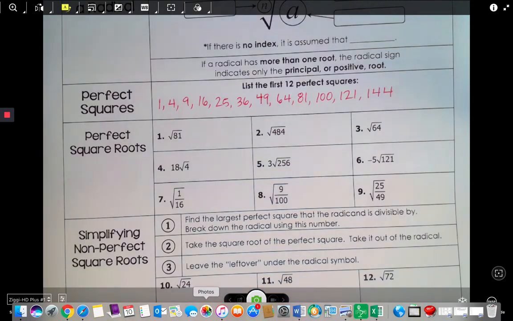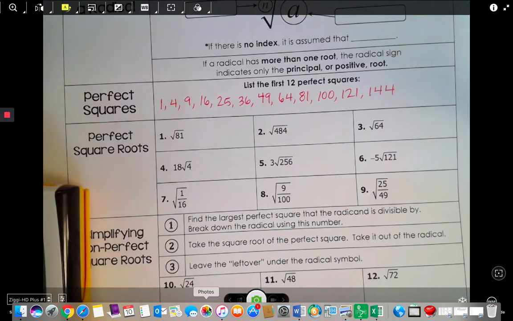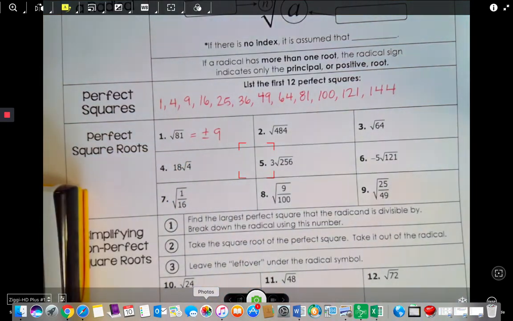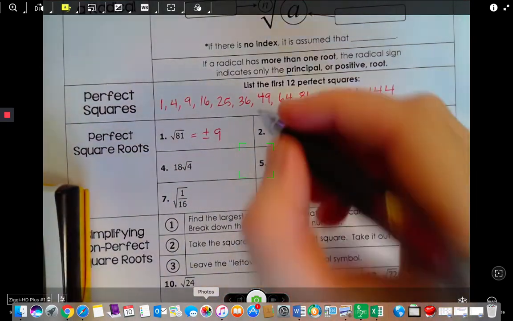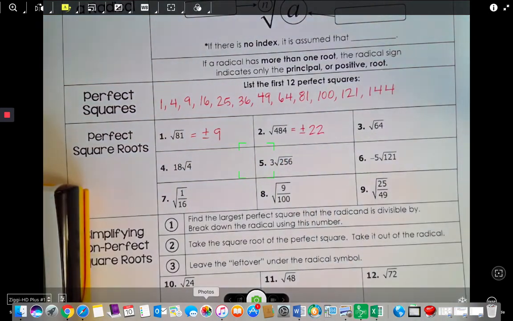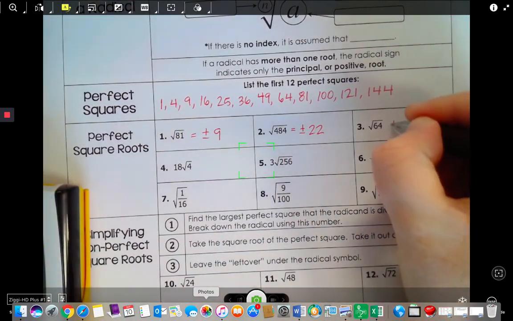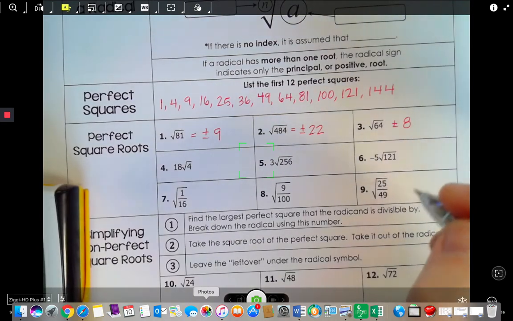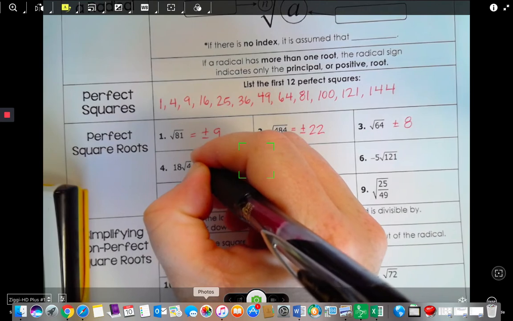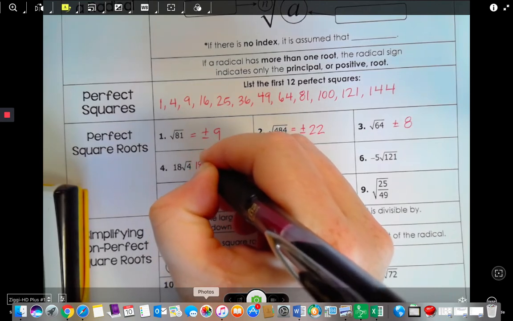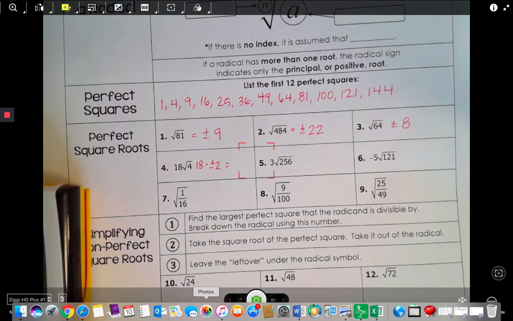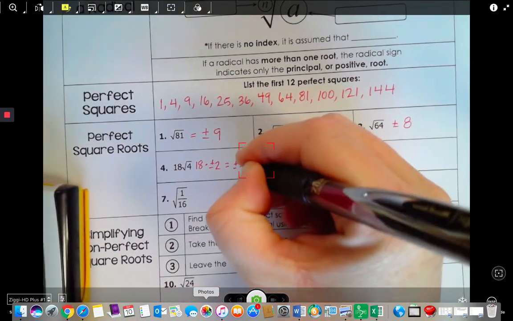The square root of 81. Everybody should know the square root of 81 is equal to plus or minus 9. Square root of 484 is equal to plus or minus 22. Square root of 64 is plus or minus 8. 18 times the square root of 4, so that means it is 18 times plus or minus 2. So 18 times 2 is 36, so that would be plus or minus 36.